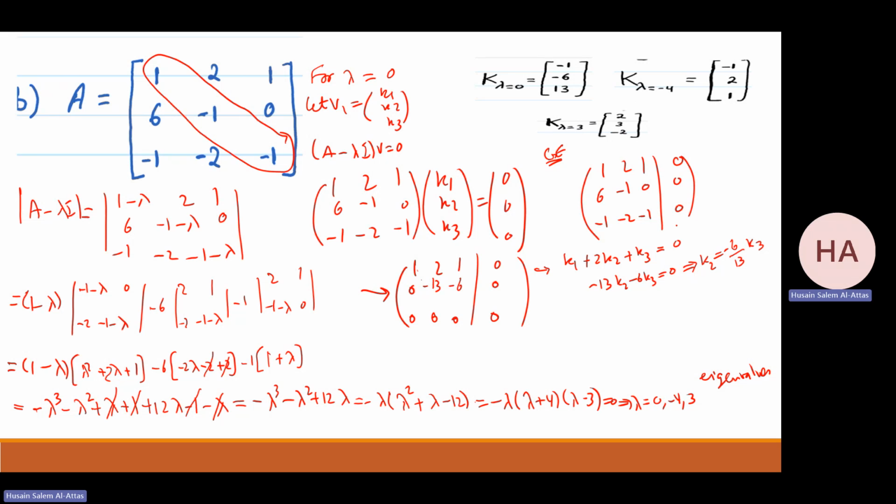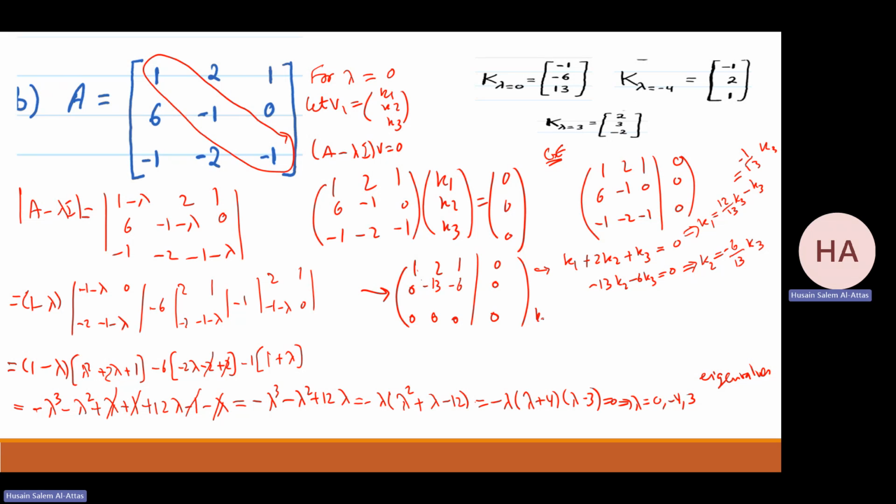And from here, I have K1 will be equal to minus 2, that will be 12 over 13 K3, minus K3, which is minus 1 over 13 K3.